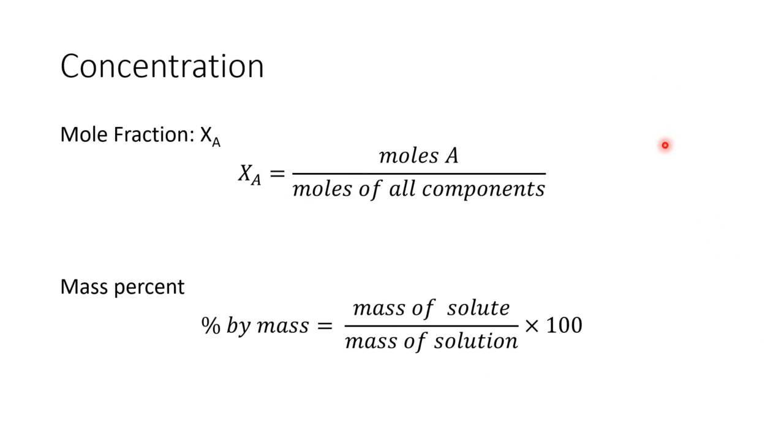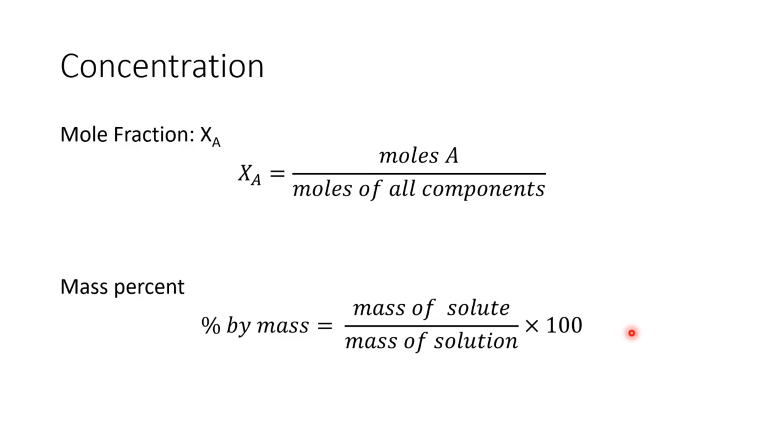Another one that we can use, it's not often used for liquid solutions, but for solutions of gases, it's quite often used, and that is the mole fraction. The mole fraction is given for each substance in the mixture, and it is equal to the number of moles of that substance divided by the total number of moles of all the components of the solution. And then we have mass percent.